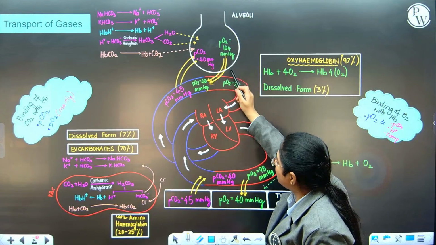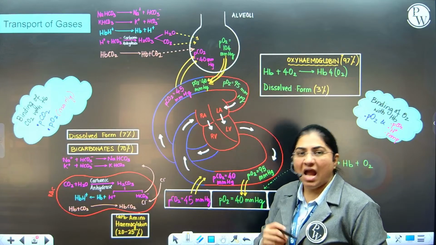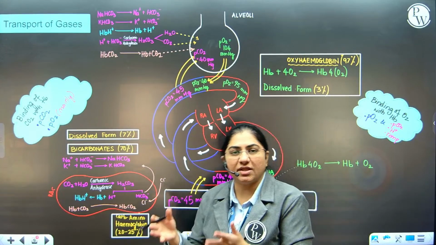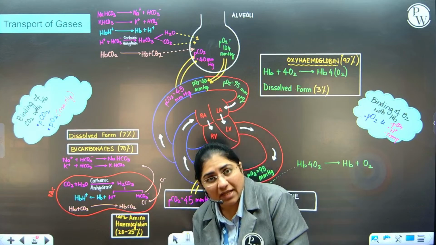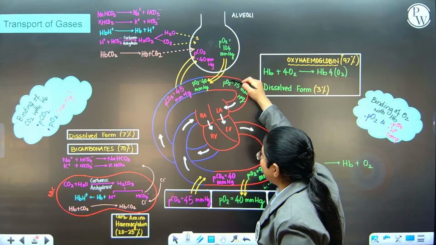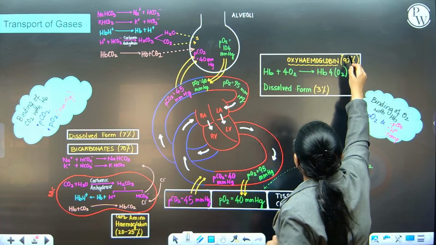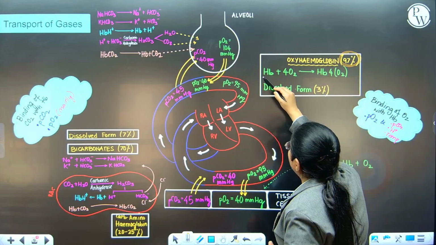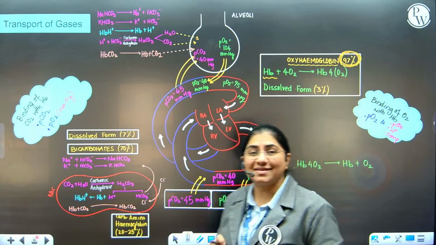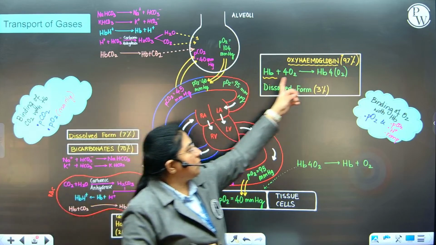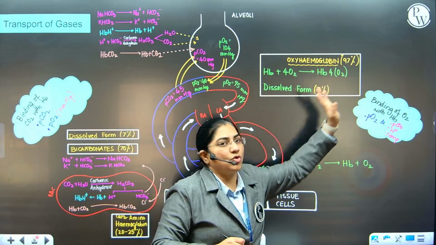Once oxygen moves into the blood, how is it transported? The medium for transport is blood. How is it transported in the blood? Let us see here. Once oxygen enters into the blood, 97% of oxygen combines with hemoglobin, the red colored pigment of the RBCs, to form what is called oxyhemoglobin.